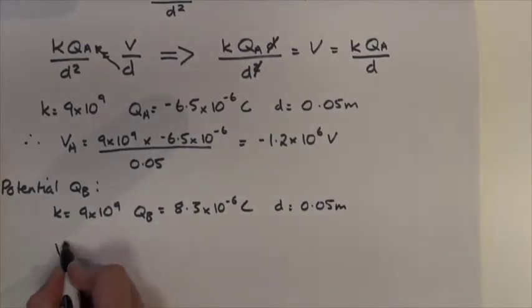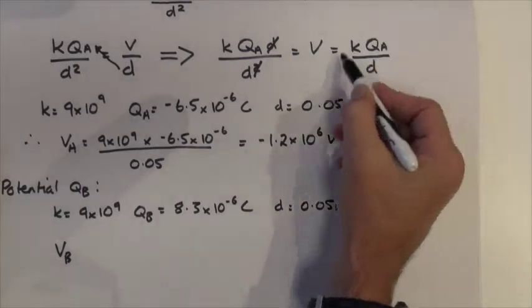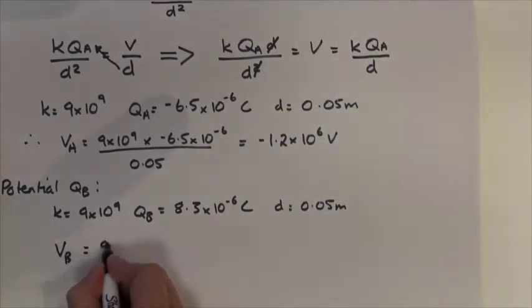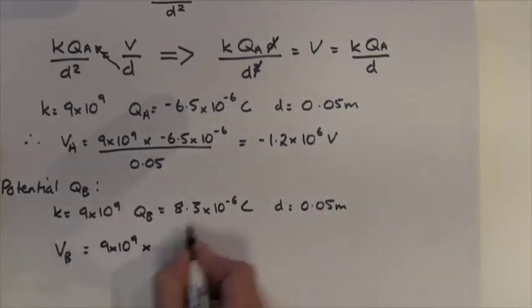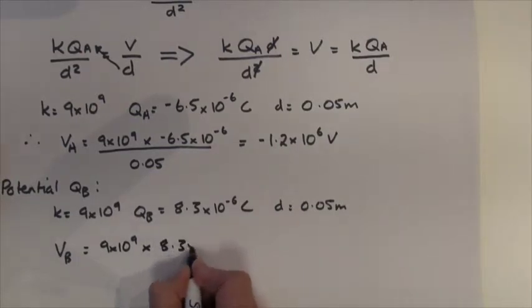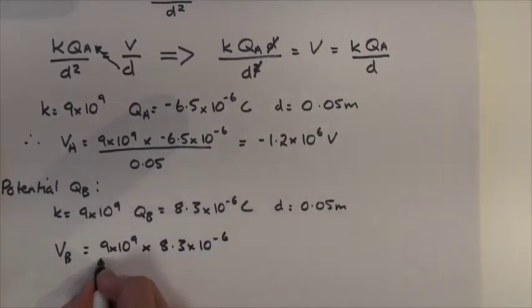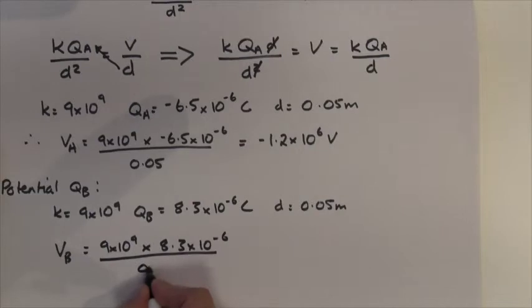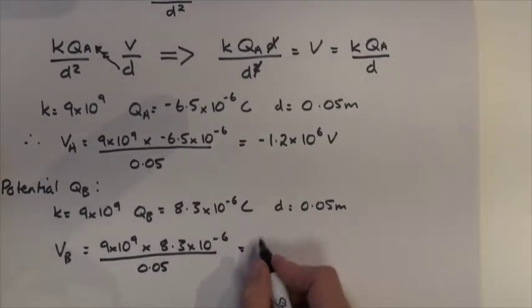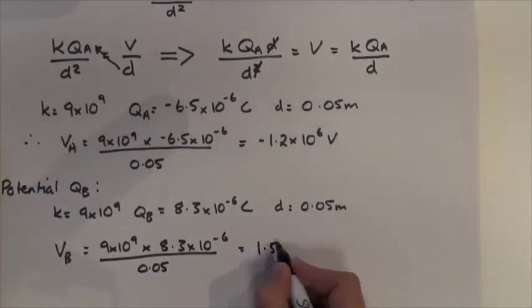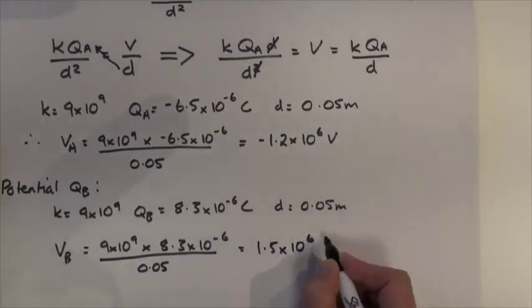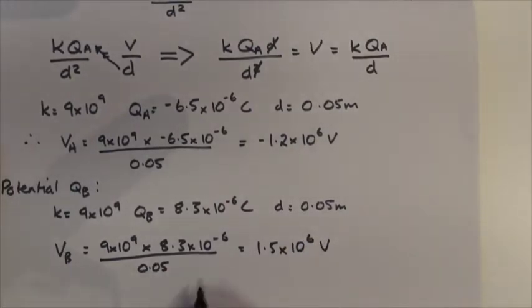Substituting them into the equation for VB, I can calculate it as 9 times 10 to the 9 times positive 8.3 times 10 to the negative 6, all divided by 0.05 meters, which equals 1.5 times 10 to the 6 volts.